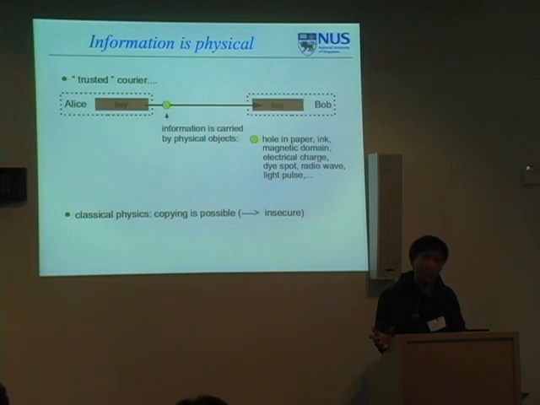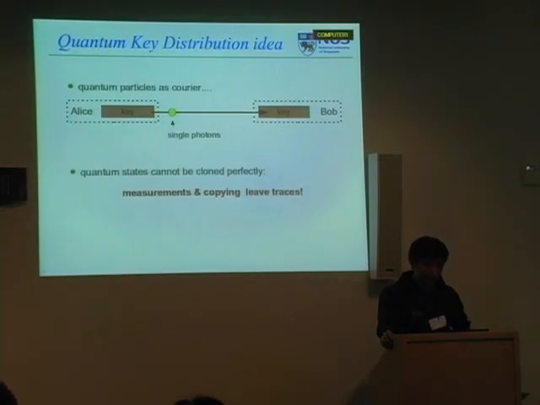What we want to try and find is a way to encode the information into physical objects that cannot be copied, or when the copying is done, the copying leaves a trace. So what we try to do is use quantum particles as the courier for the information.